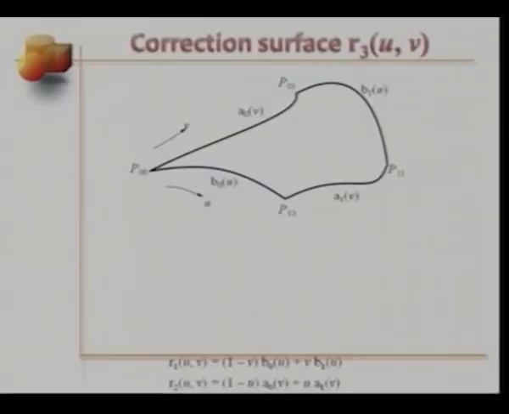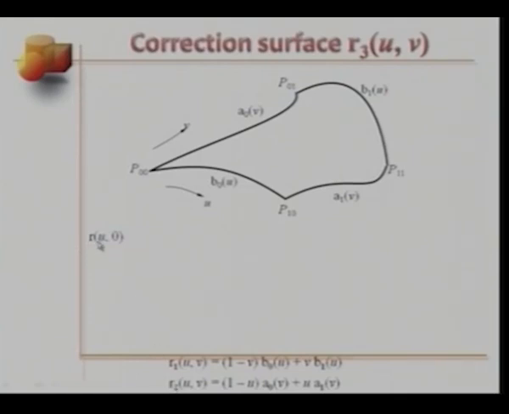So this is the previous picture of the bilinear Kuhn's patch. I have copied the expressions for R1 here and R2 here. Now let's take a look at some of the boundary conditions to determine R3. Remember that R is R1 plus R2 minus R3.